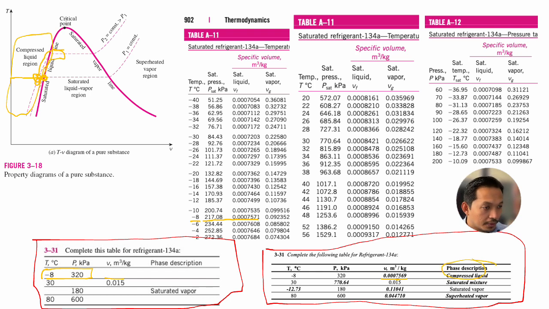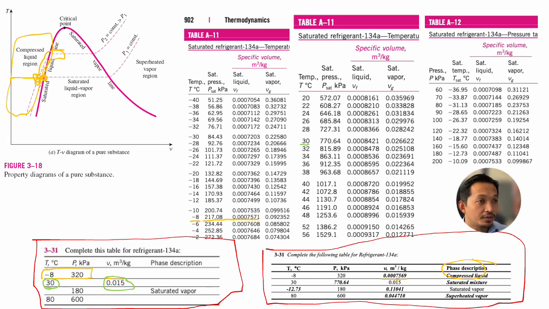And next, let's have a look at the second row. Here it's given 30 degrees C and the specific volume is 0.015. So in this case, we refer to 30 degrees C, and we look at the saturated liquid VF and saturated vapor VG.